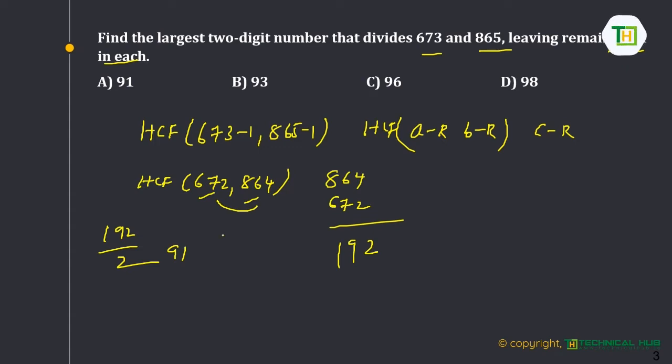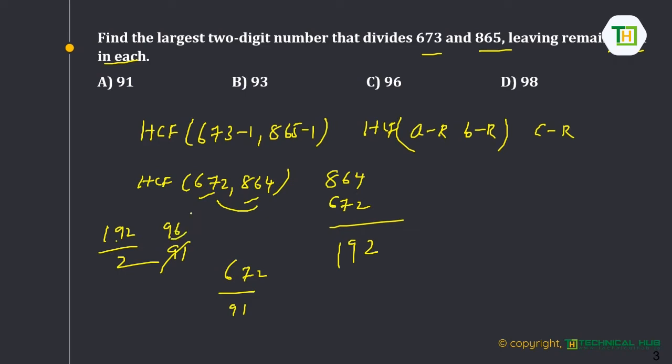So let's check it. 672 divided by 91. How many times is it possible here? Oh, sorry. So 192 divided by 2 means how much?